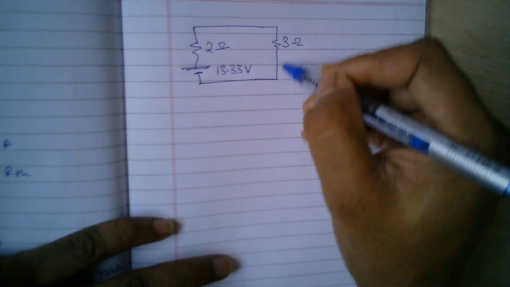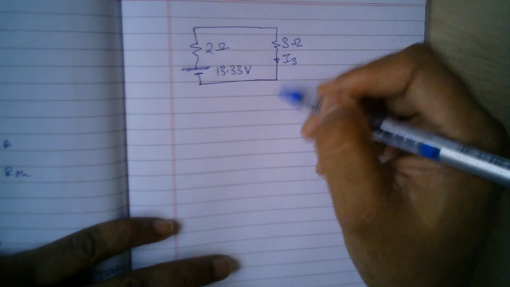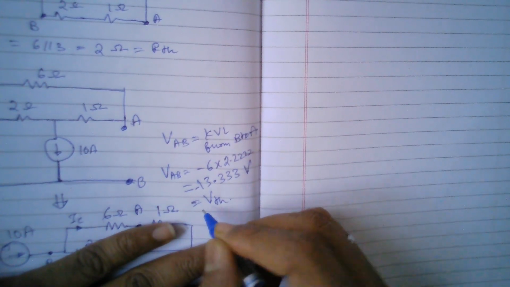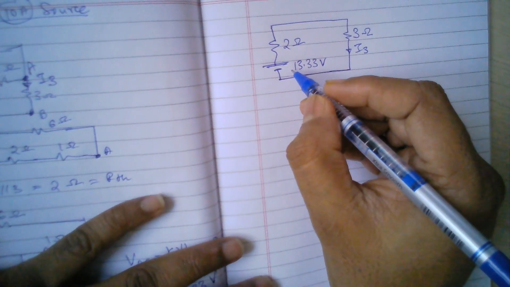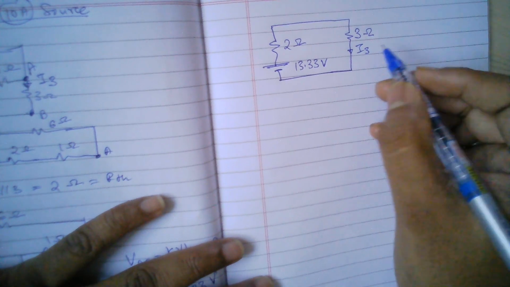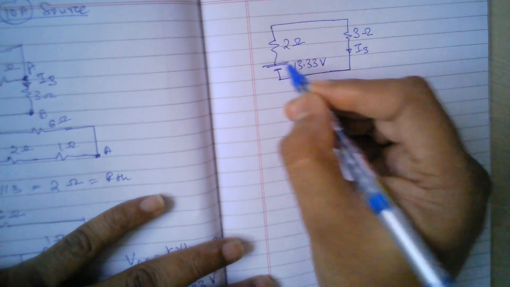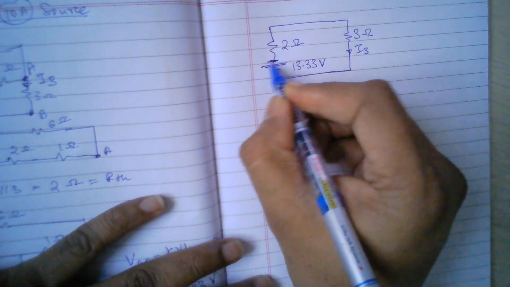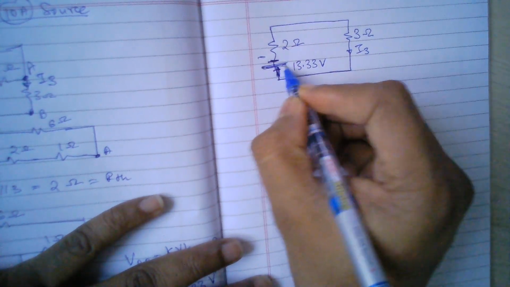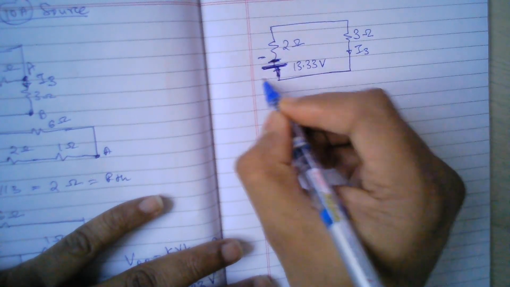So now I want to find the I3 current. Okay, so through this branch. Now I'm sorry, I forgot the minus sign here, so there will be a minus here. So this one will be minus 13.333, or I can keep it like this: this is the minus and this is the plus.